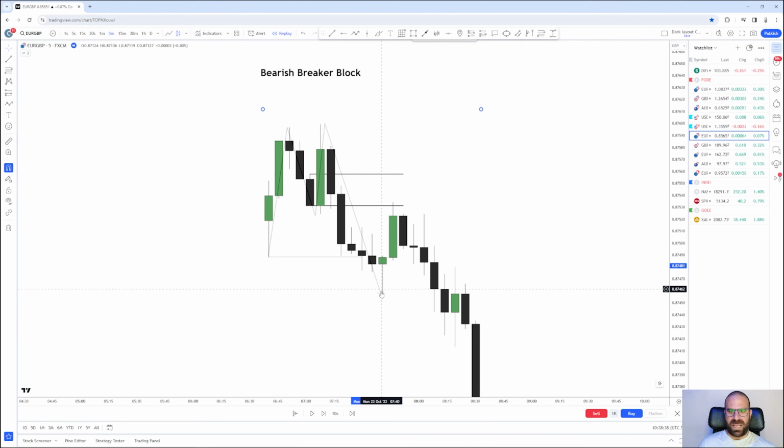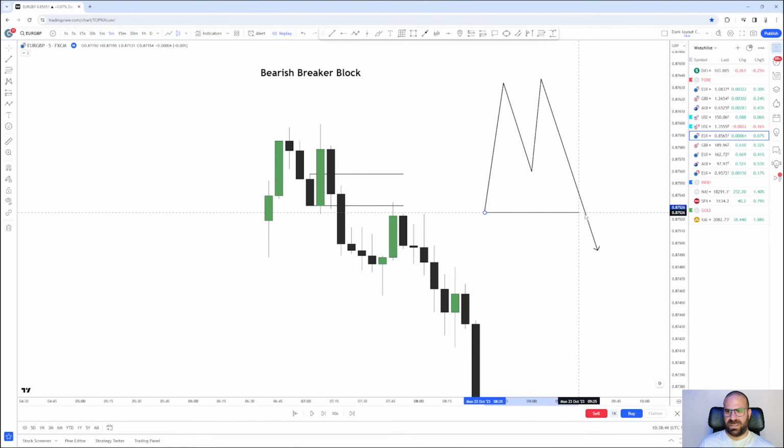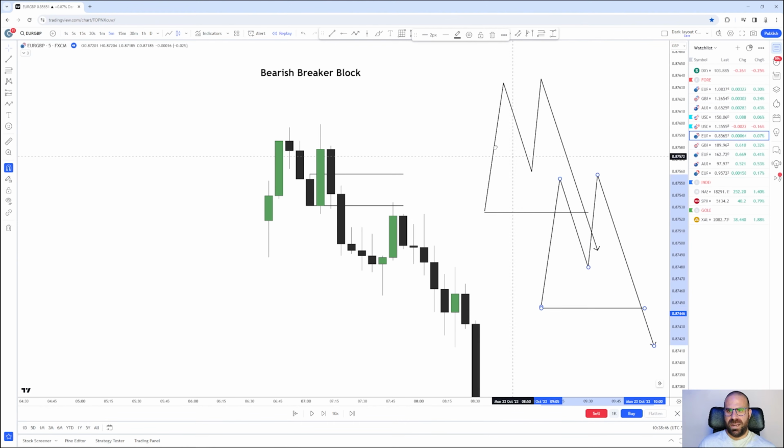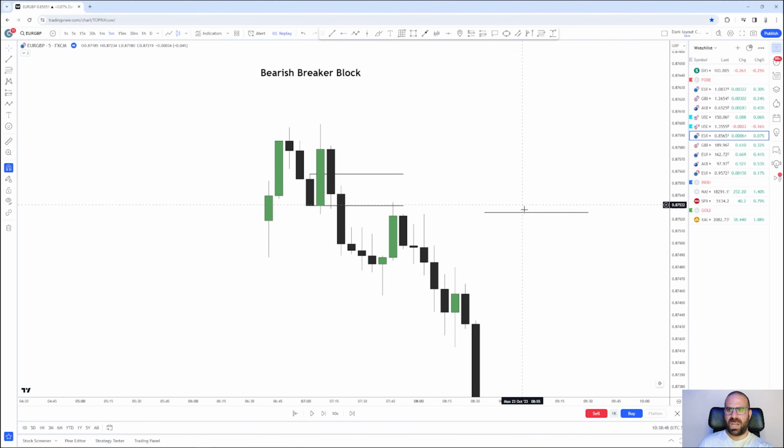So if I was to take now this thing and move it towards the right side, then you would be having this exact pattern, let's say, right here. In other words, here we had a low, we had a high, we had another low, then we swept liquidity above this high right here.